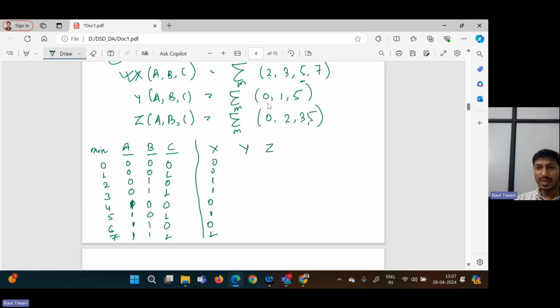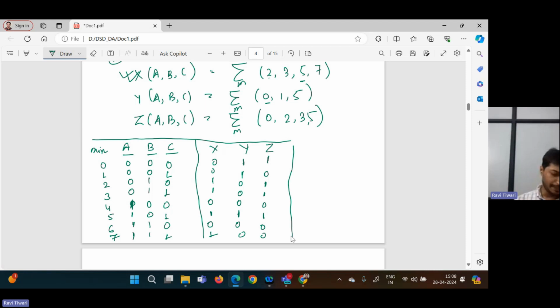Similarly, Y is 1 for 0 and 1, then 2, 3, 4 are 0, 5 is 1, and 6 and 7 are also 0. If you consider Z, we have 0, 2, 3, 5. So 0 will be 1. Next is 1, so it's 0. 2 is 1, 3 is 1, 4 is 0, 5 is 1, and 6 is 0, 7 is 0. So this is the first step where we have drawn the truth table for these expressions.